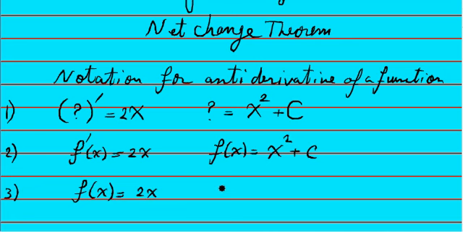Who is the antiderivative of it? We would write the antiderivative, so x squared plus c. So the implication here was that if you have a lowercase letter for a function, the uppercase of the same letter is going to be used for the antiderivative. So F prime would be the same as f.